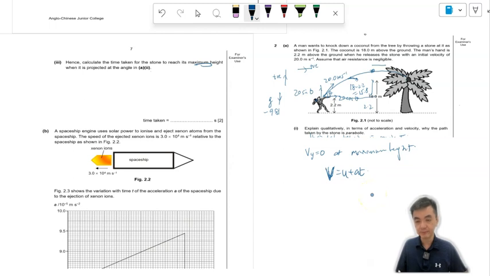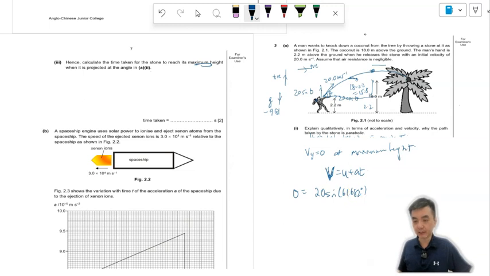My Vy is 0, so 0 equals 20 sine, using the angle that we found earlier, about 61.682 degrees.